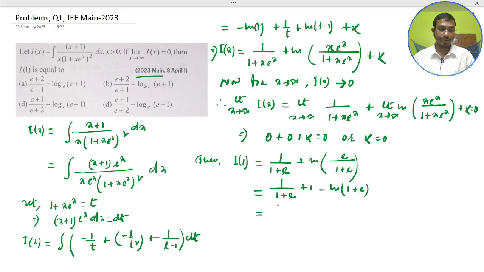After calculation you find the value: (2 plus e) divided by (1 plus e) minus ln of (e plus 1). So which option is correct? Option A, that is (e plus 2) divided by (e plus 1) minus ln, where ln means log with base e. A is the correct answer.